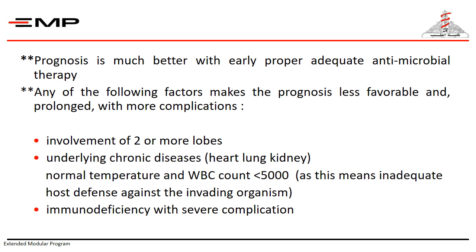If there is involvement of 2 or more lobes, if there is underlying chronic disease, heart, lung, kidney, if there is normal temperature and white blood cell count is less than 5,000, as this means inadequate host defense against the invading organism, or this means that this patient is immunocompromised, and if the patient is a known case of immunodeficient patient with severe complications from the start.